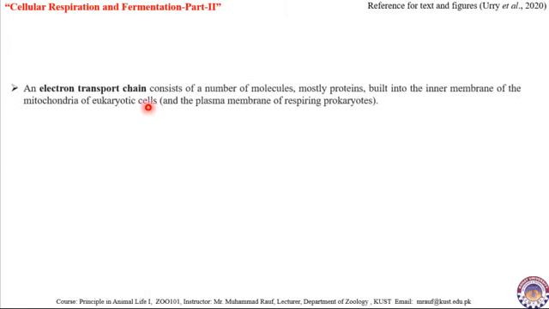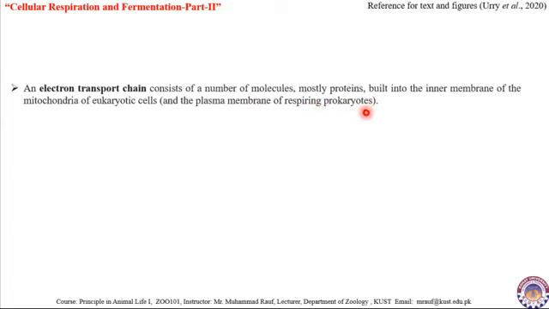An electron transport chain consists of a number of molecules, mostly proteins, built into the inner membrane of the mitochondria of eukaryotic cells and the plasma membrane of respiring prokaryotes.